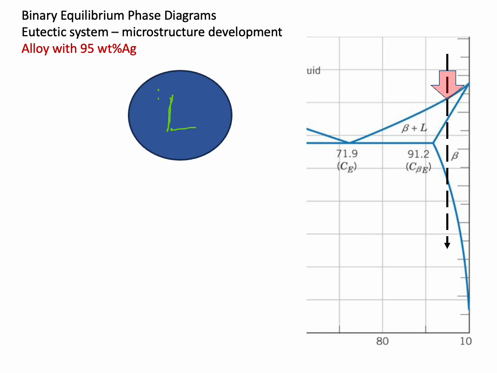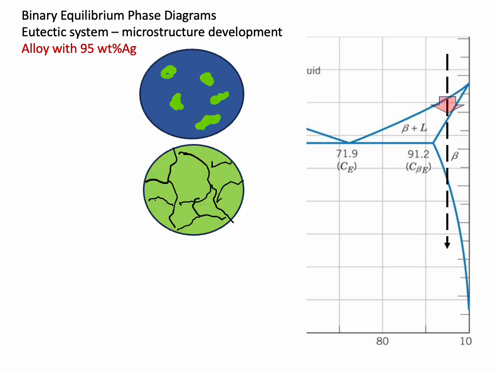So I have all liquid when I'm above this liquidus line. Once I cross that line, then beta starts to form in the liquid until I get to the solidus line here, and I'll have all beta.